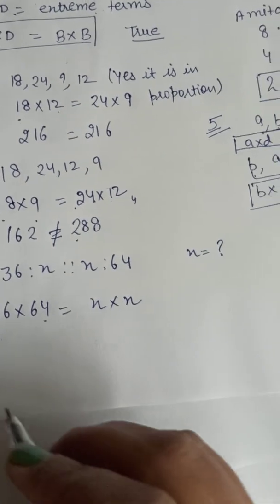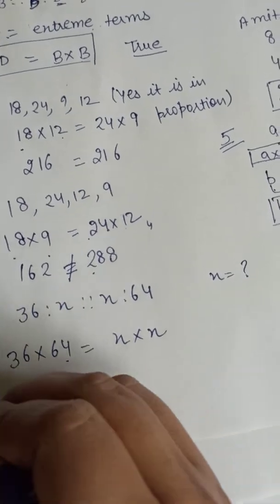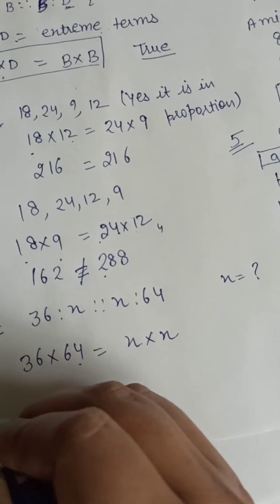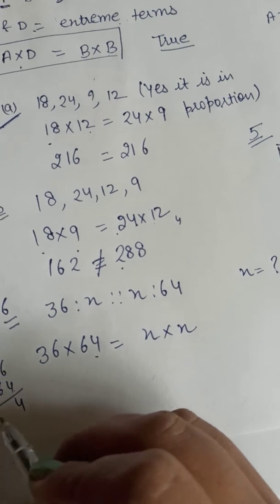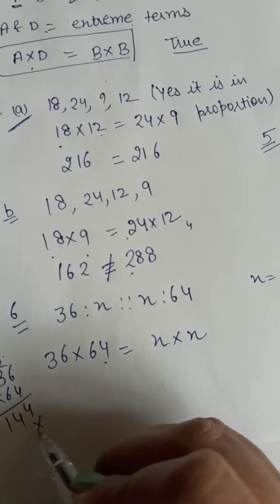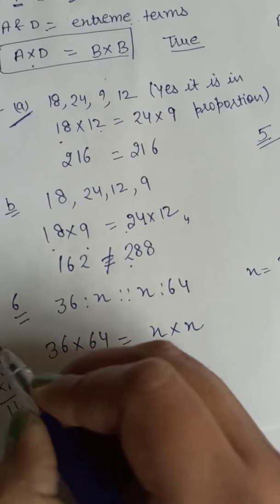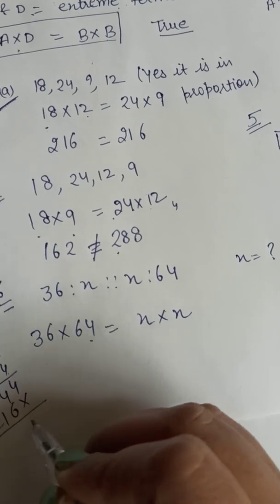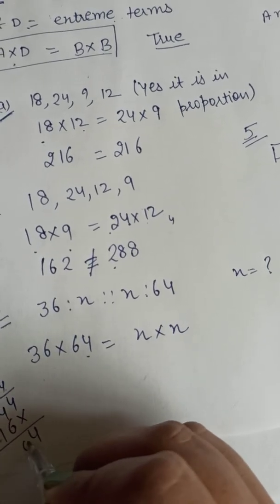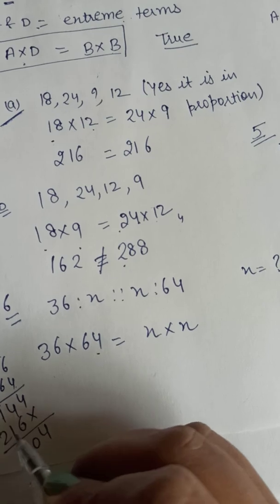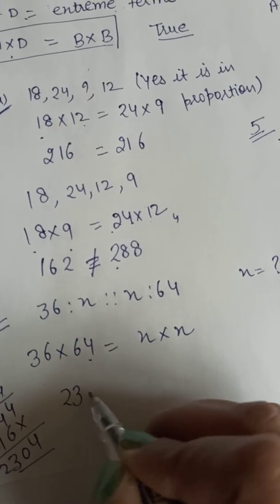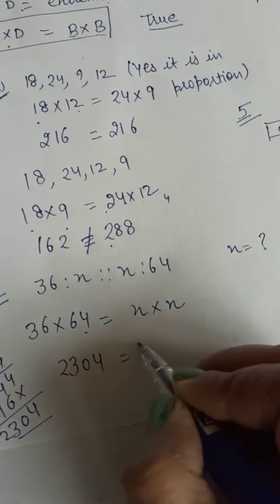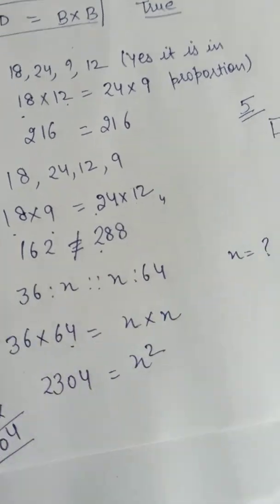Multiply 36 with 64. 4 6s are 24, 2 carry. 4 3s are 12 and 2, 14. 6 6s are 36, 3 carry, 6 3s are 18 and 3, 21. 6 plus 4, 10. Again 1 carry. 1 plus 1 plus 1, 3, 2. That is 2304. That is x square.